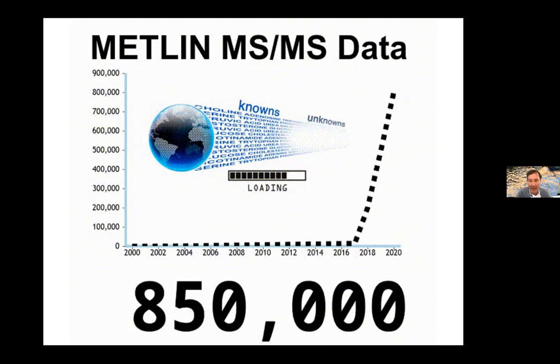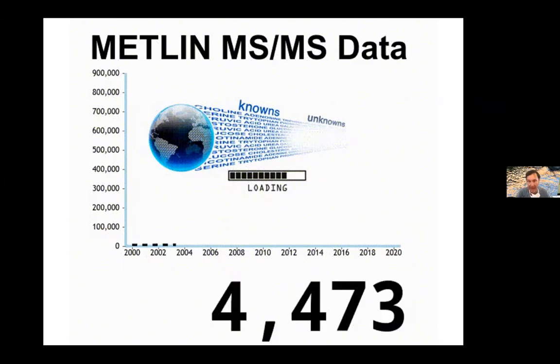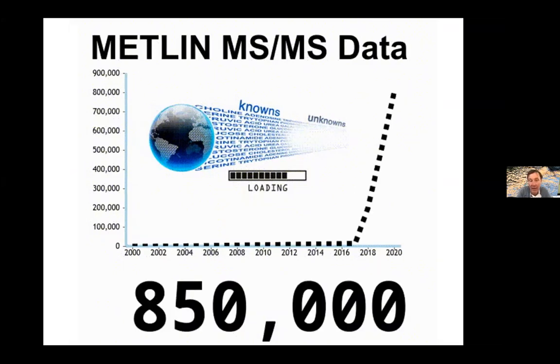We're still adding to the database, but currently we have 850,000 molecular standards in the database, each of which has experimental MS-MS data. And when I say experimental MS-MS data, I don't just mean we have one spectrum on each molecule.